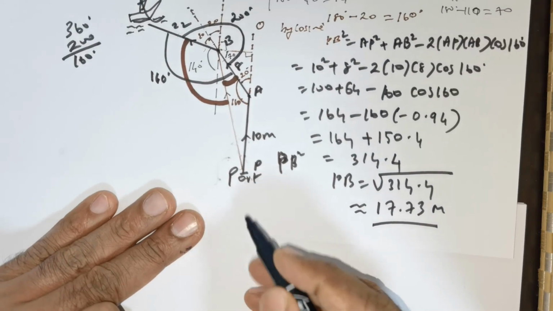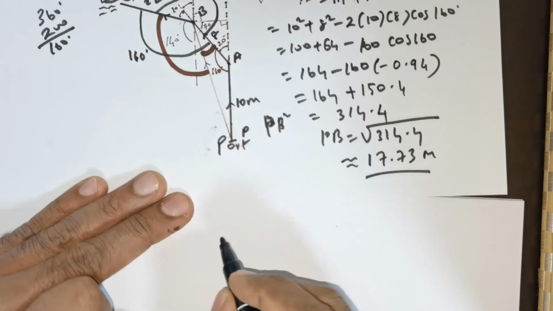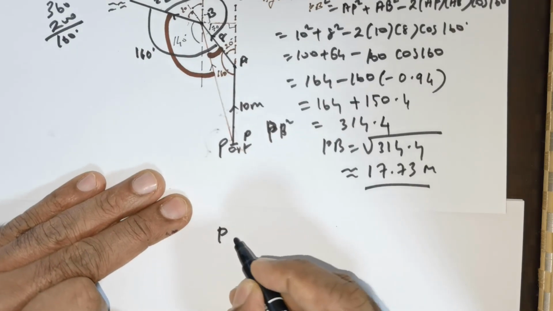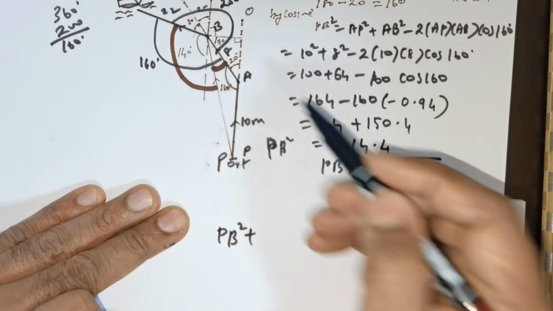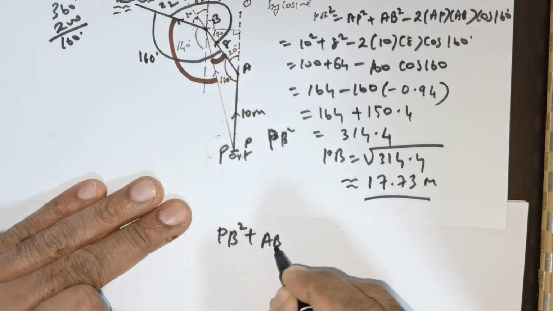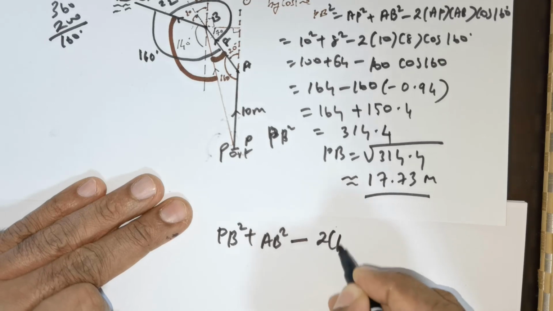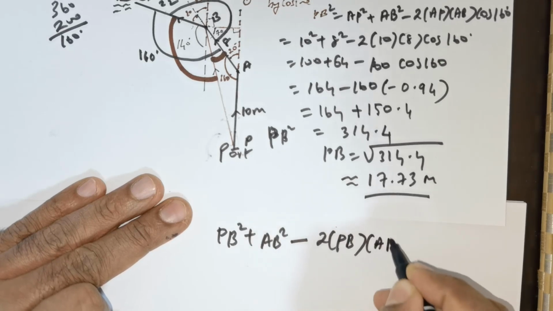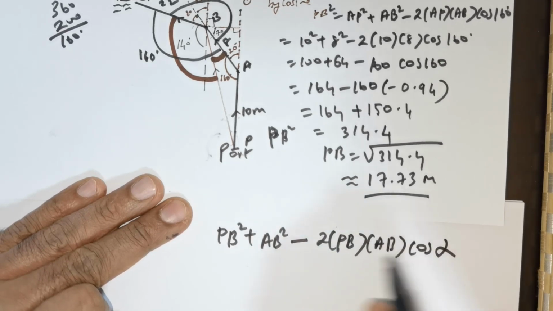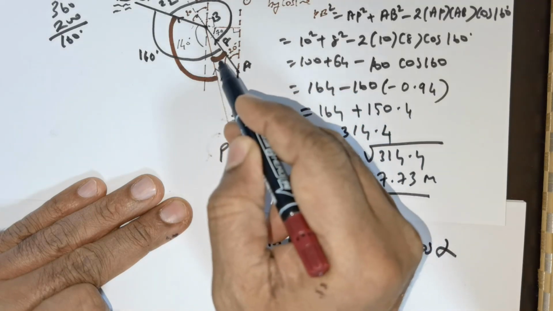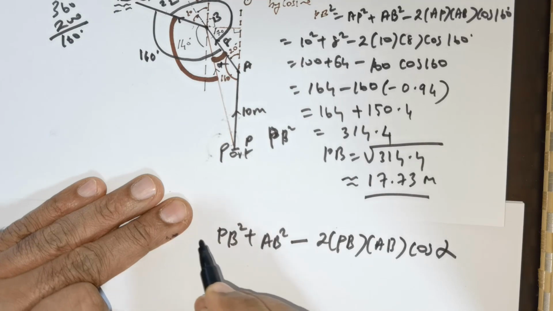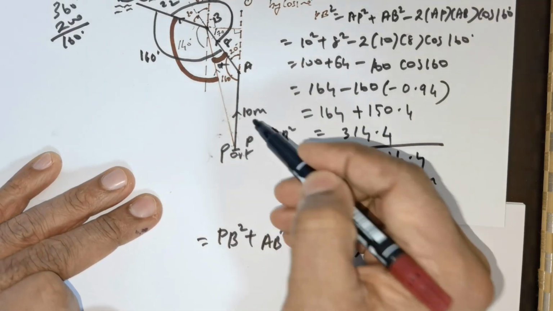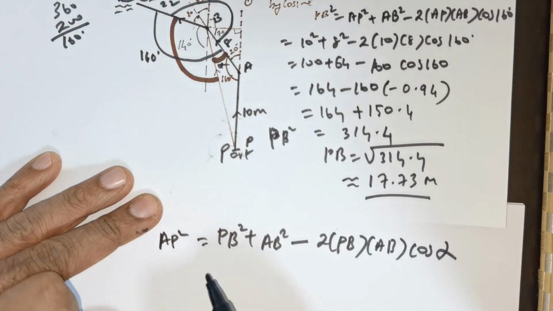So what I will do is take the distance PB squared plus AB squared minus 2 times PB times AB into cos alpha, right? Let me take this angle as alpha, cos alpha. So this is equal to AP squared.